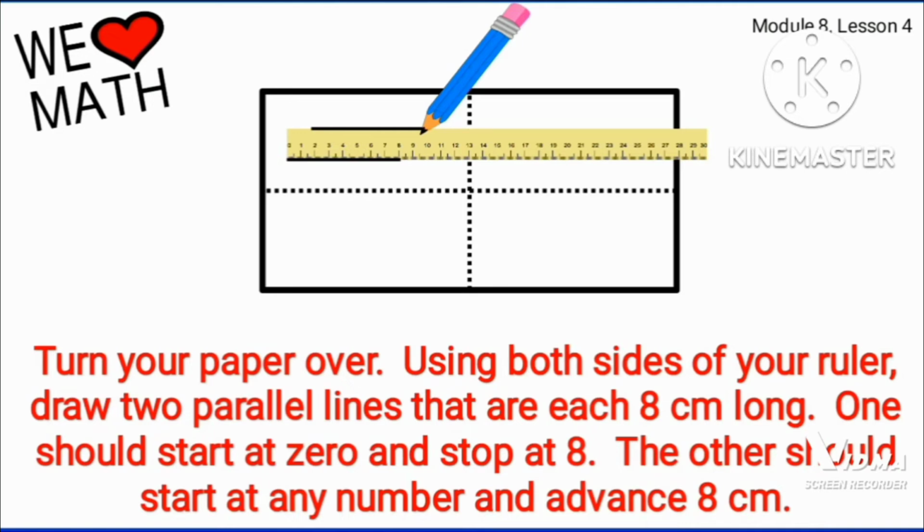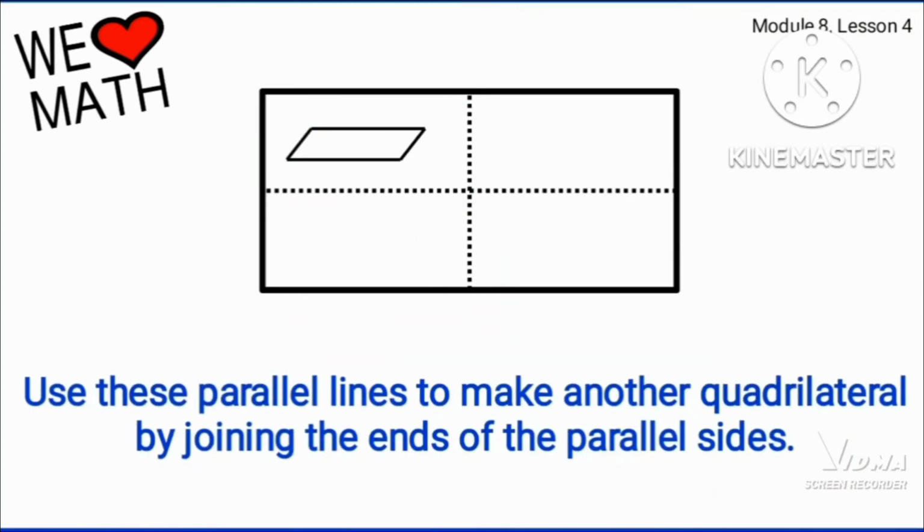Now let us draw our first shape. Draw 2 horizontal lines. Measure it so that the 2 parallel lines are each the same length in centimeters. Let one start from 0 and the other should start at any number after 0 that you want. Now join them together.